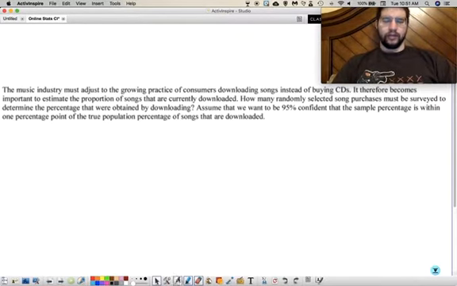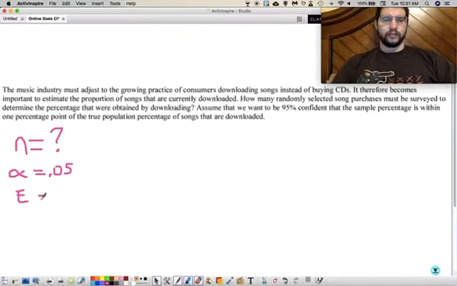Okay, so what are we looking for here? We're looking for n. What do we know? Well, alpha we need to be 0.05. Error, 1 percentage point, 0.01. Is that all we got? That's all we got. So I'm going to go with my formula.